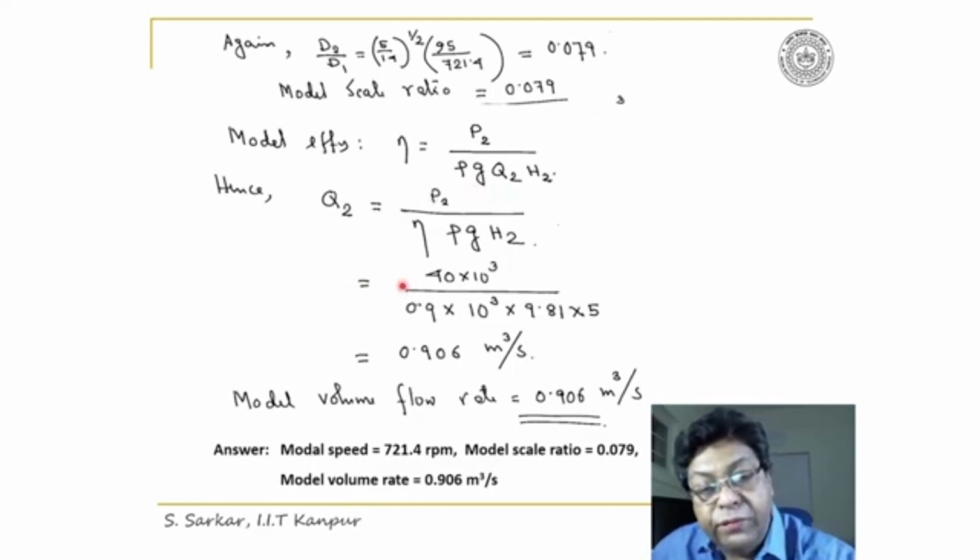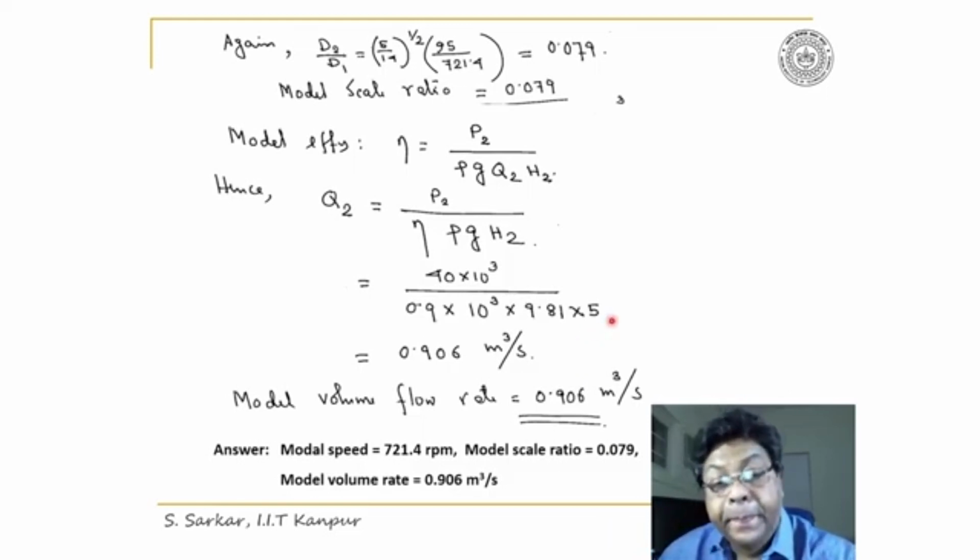So P2 is around 40 kilowatt, and H2 is 5. If you put in all the values, you will get Q2 as 0.906 meter cube per second.